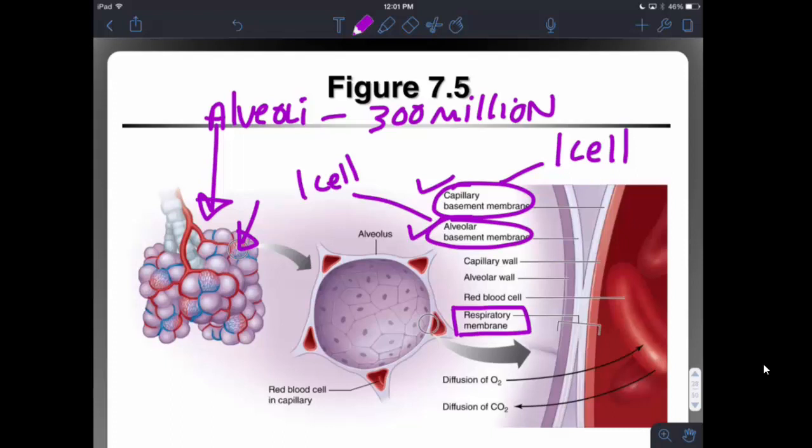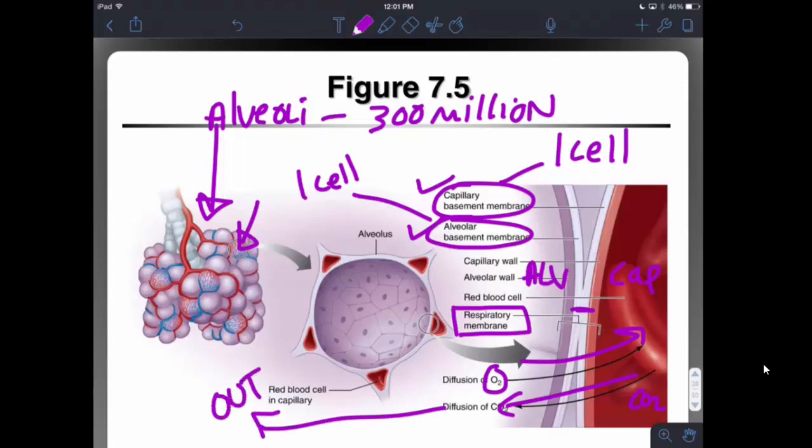And so you can see here, here's our capillary, here's your alveoli, here's your membrane, and we've got oxygen moving from the alveoli into the capillary, and we've got CO2 moving from the capillary into the alveoli, so then we can get rid of it. We can exhale.